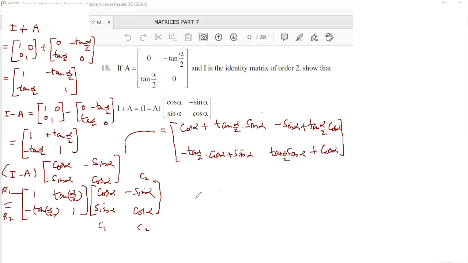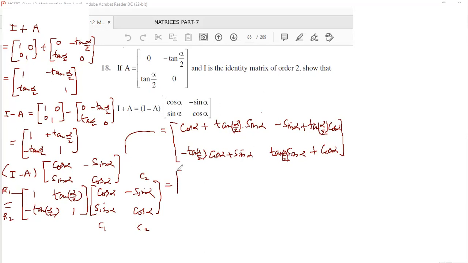Okay. Now I will convert tan(alpha/2) into sin(alpha/2) by cos(alpha/2). Here also sin(alpha/2) by cos(alpha/2), and then taking LCM.